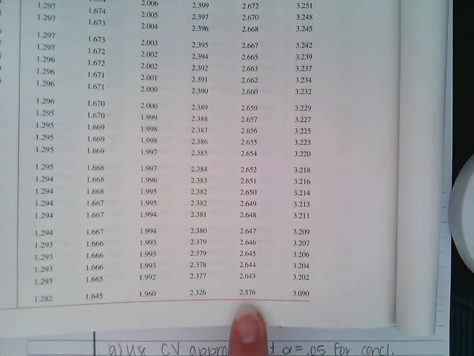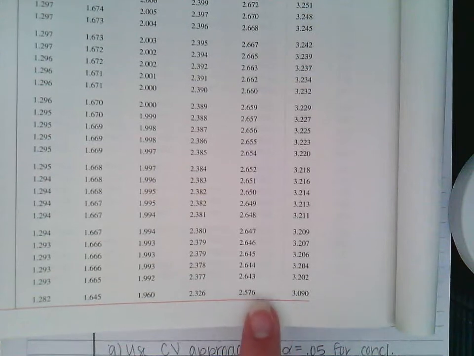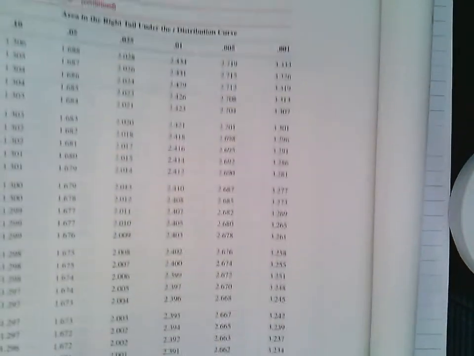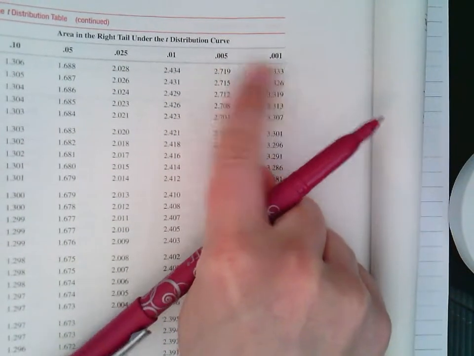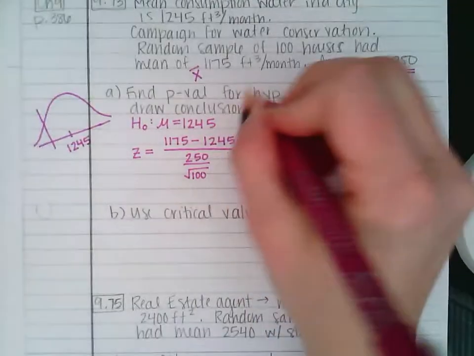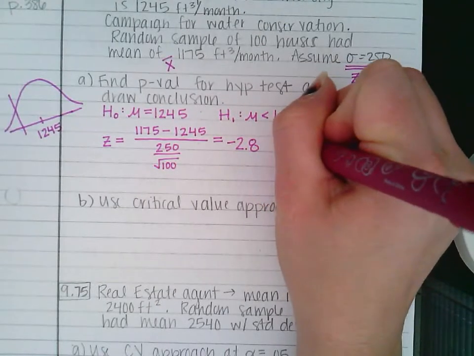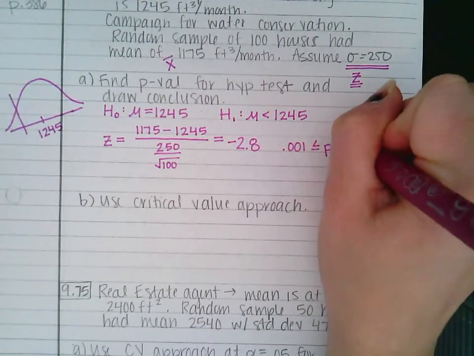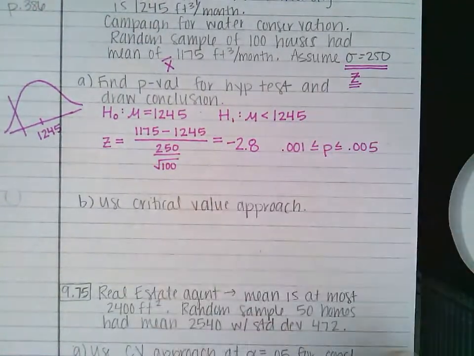So 2.8 is going to be between these two critical values. And so if I go up here, that means that my p-value must be between these two, which gives me 0.001 and 0.005 as my bounds.